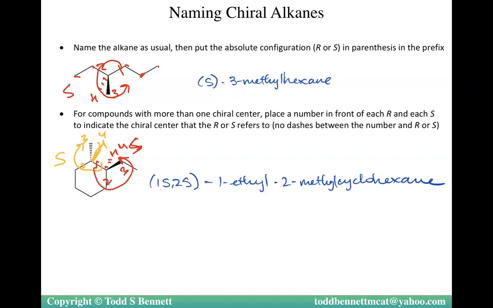A lot of work, but the chiral centers go in parentheses before you name the actual compound. You can do it casually. You're going to learn in your lab reports. We do it casually sometimes in how we name things, but technically it should be parentheses around the R and S. With more than one chiral center, you have to specify where they're located, hyphen, first group, second group, and then whatever the ring system or linear system, whatever the rest of the molecule is.